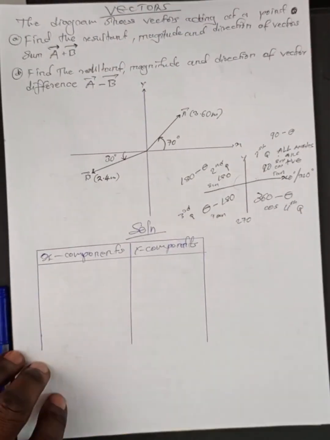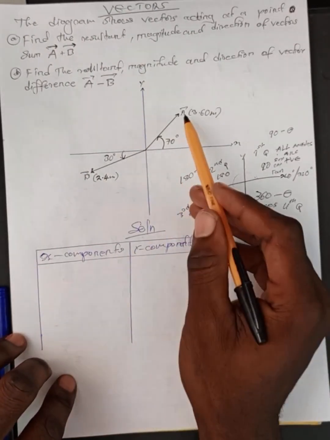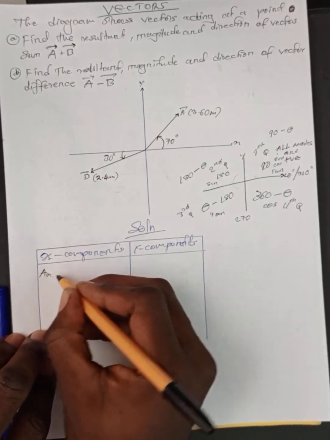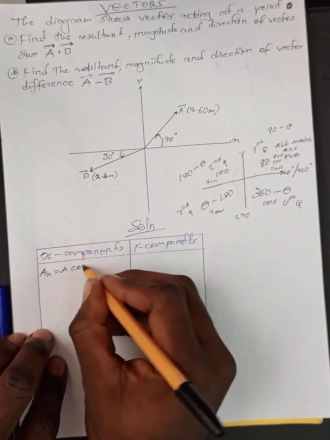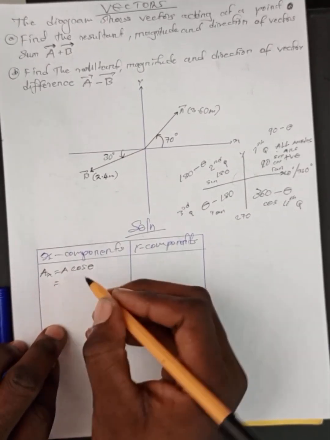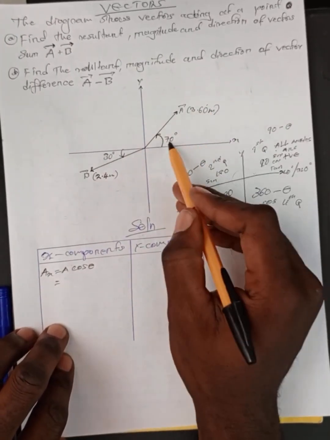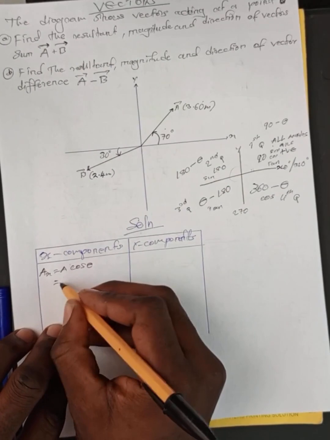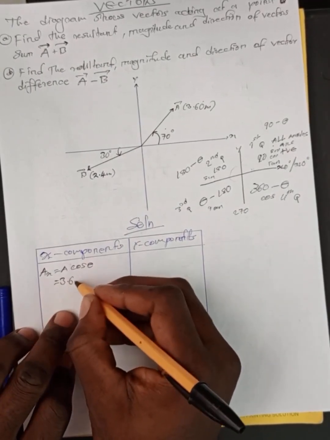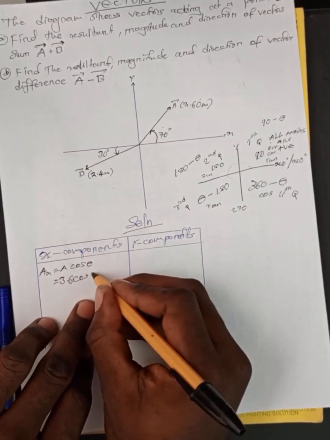So here what we are saying is this. Our first vector is A. So Ax is equal to A cos theta. Your A is 3.60 meters, your theta is 70 degrees.